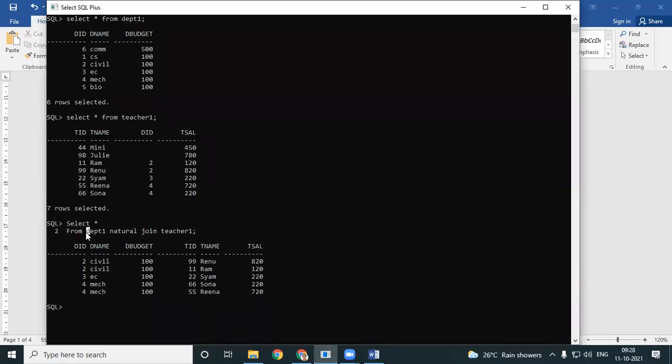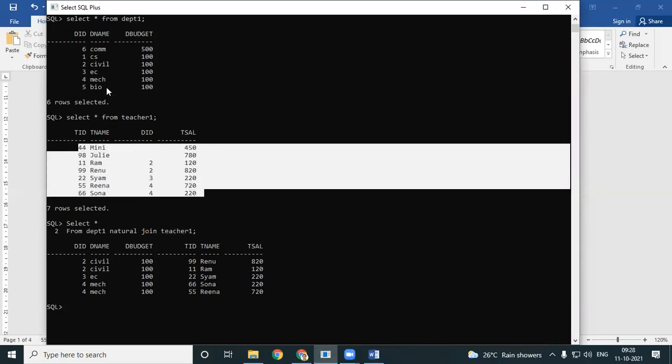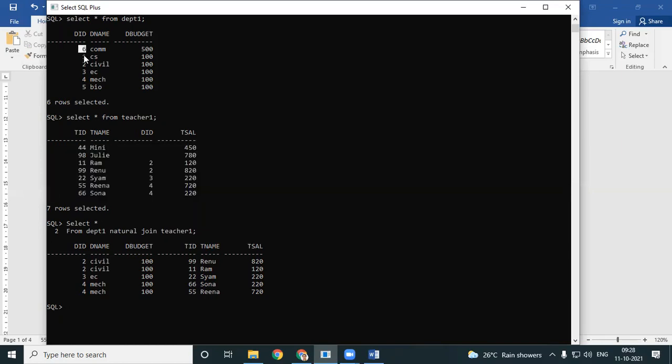I've done a join between my department and teacher. Now look here, in my teacher table, do I have any entry called 6? In my teacher table, I do not have an entry called 6. So, the 6 is an entry which does not have a corresponding entry. I treat it as a null entry.